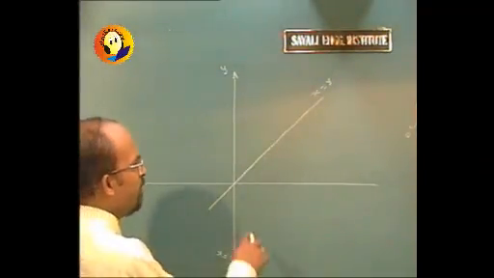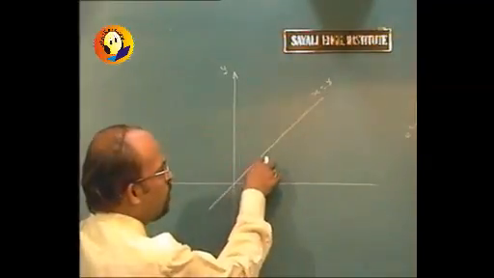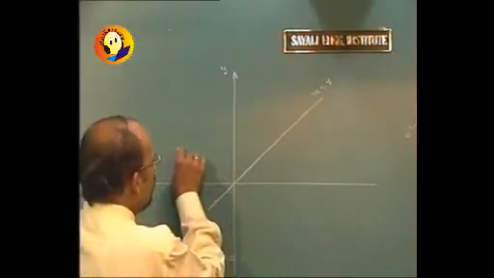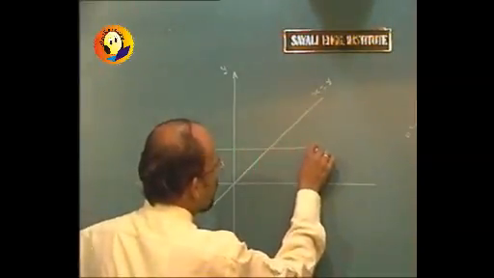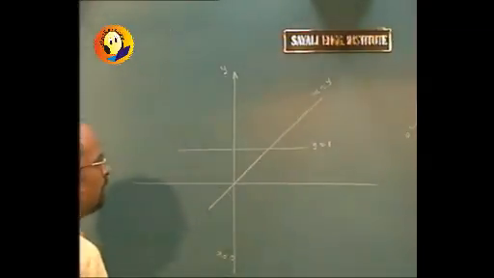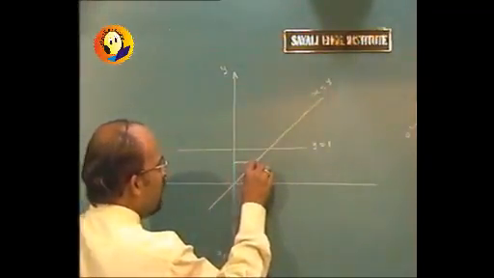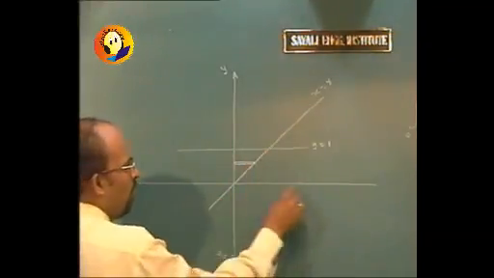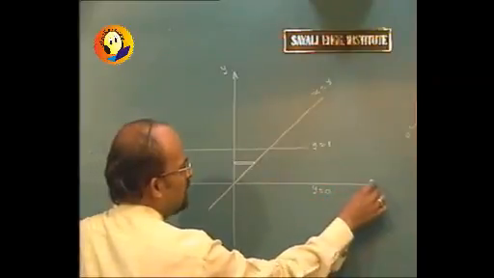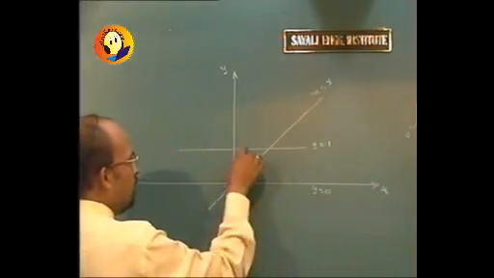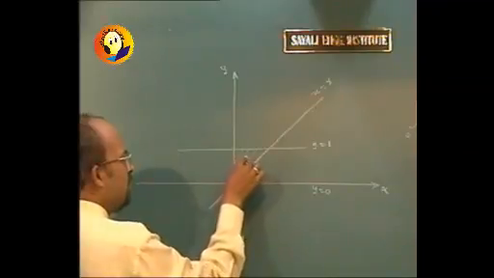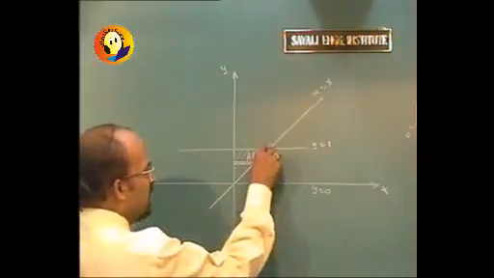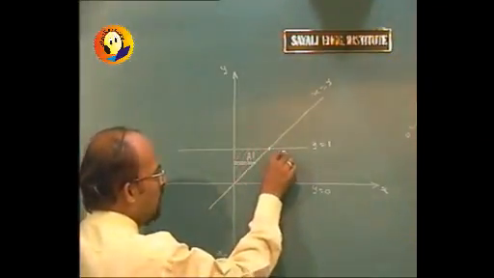He is taking a strip from the y-axis up to this line in the region y equal to 0 to y equal to 1. This is the line y equal to 1. And so we can say that the strip is parallel to the x-axis, starting from the y-axis going up to the line, from y equal to 0, that is the x-axis, to y equal to 1. So the region of integration for the first integral is as shown in the figure. It's a triangle. The point of intersection over here is obviously (1, 1).